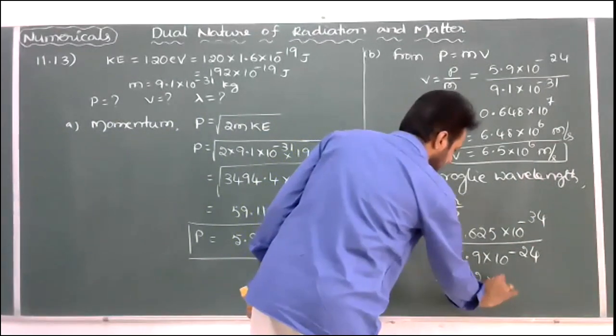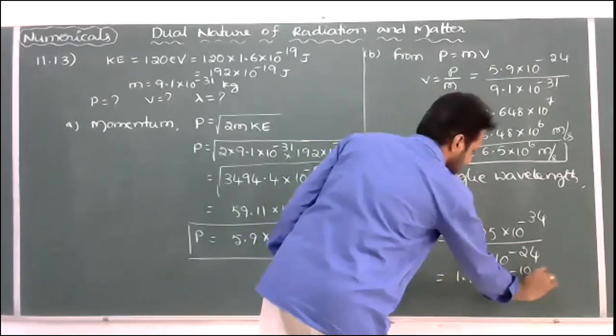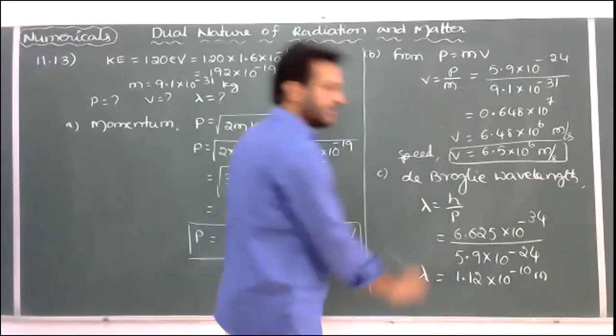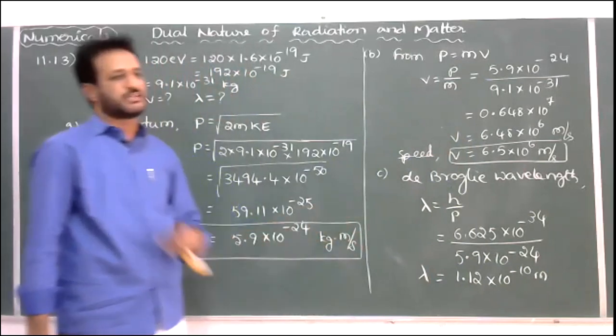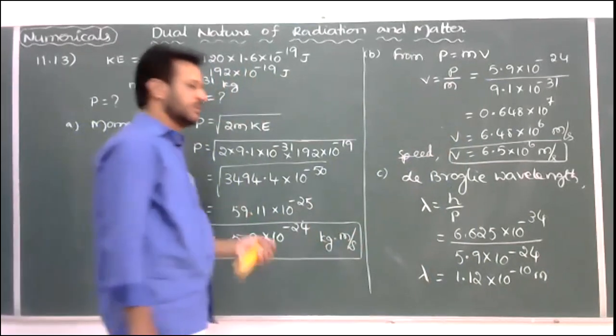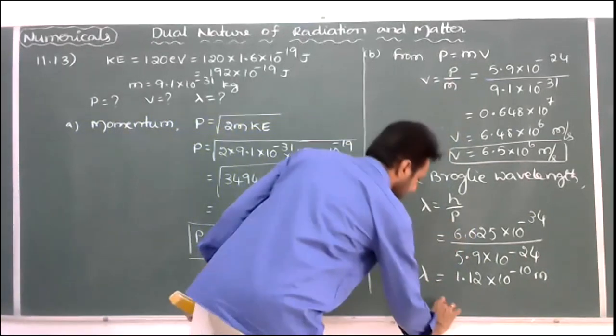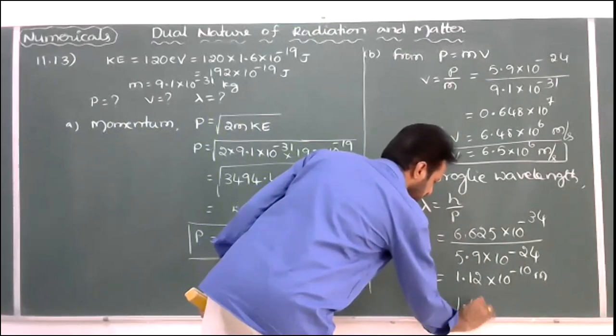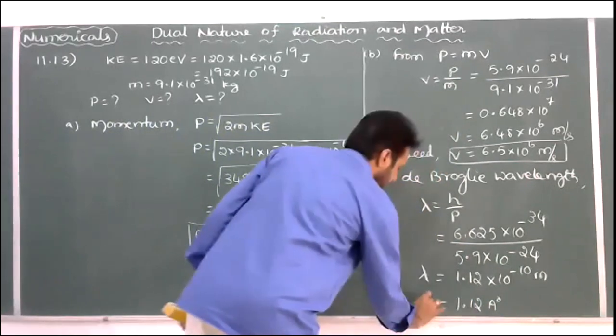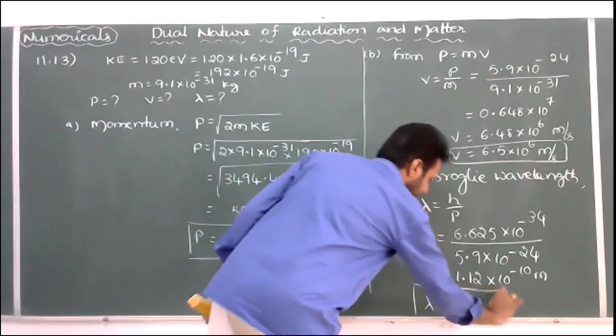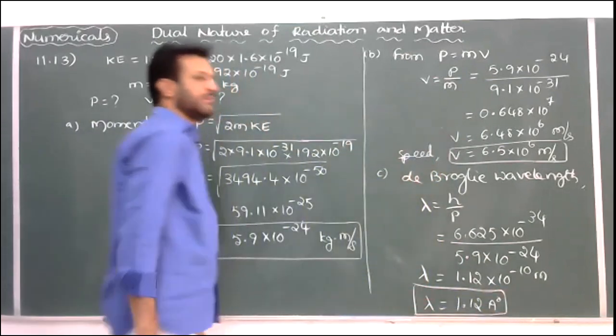That gives 1.12 into 10 to the power of minus 10 meter. Or we can write 1.12 angstrom, or 0.112 nanometer also. That is the de Broglie wavelength of the electron.